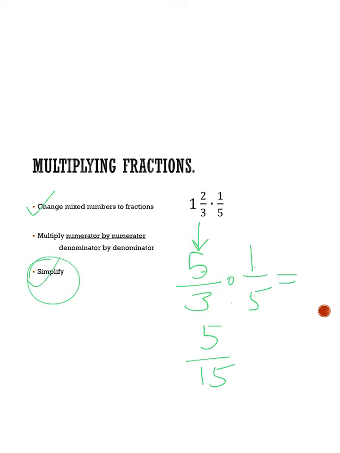Simplifying fractions just means dividing out a common factor. In this case, they both have a common factor of 5. So 5 divided by 5 is 1, and 15 divided by 5 is 3. So 5/15 and 1/3 are equivalent fractions, or equal to one another. 1/3 is considered the most simple version.